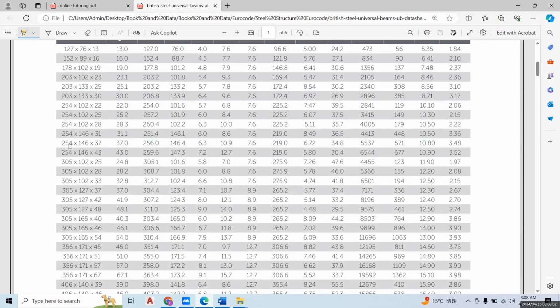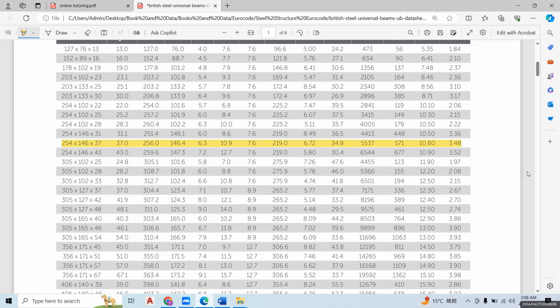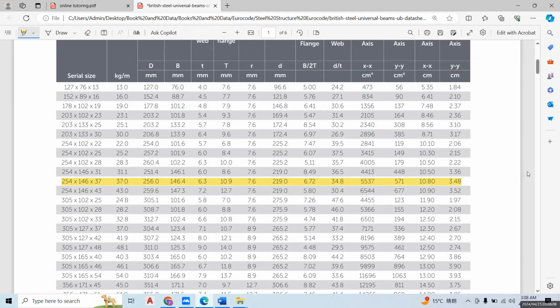Is this the properties? It is 254, 146, 37. Okay. So if you want to find the shear capacity of that section, you need a few things.